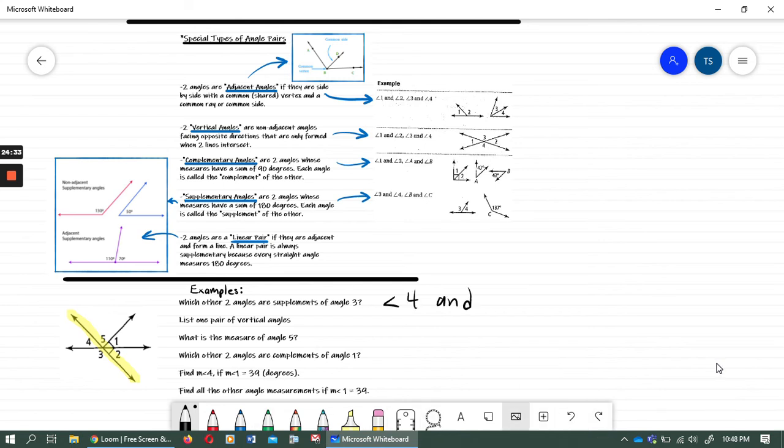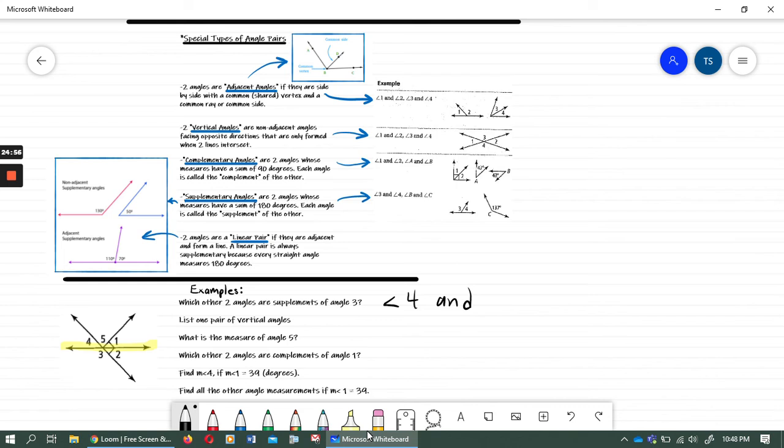All right, so I'm going to see if I can erase that line. The other line that's dealing with angle 3 is this one here, right? So for that line, there's only one supplement with angle 3.